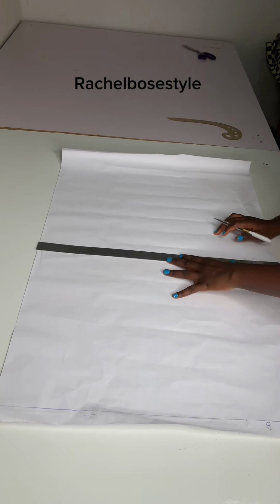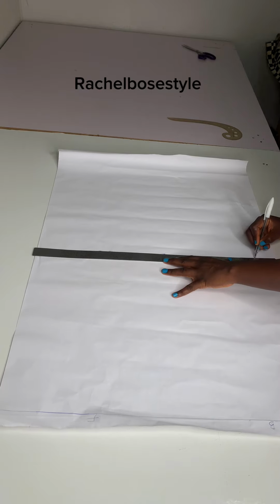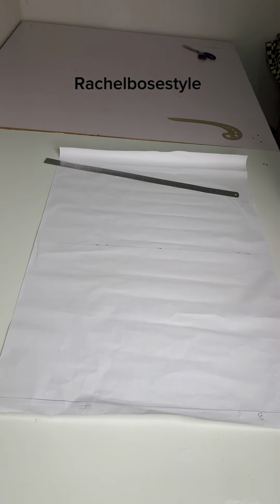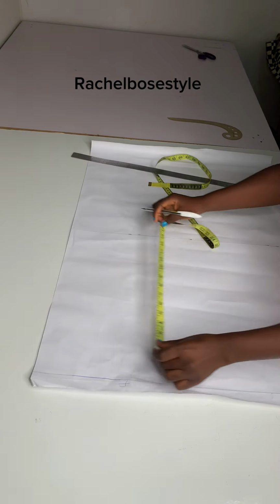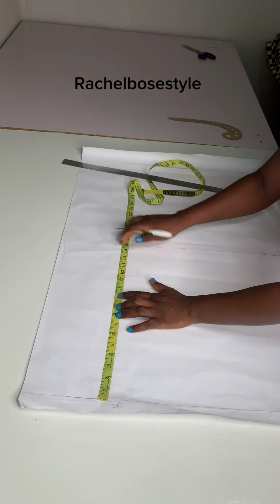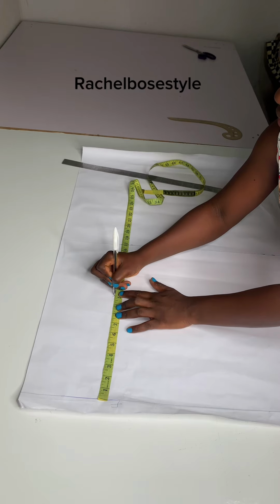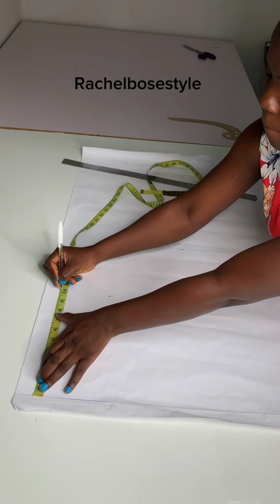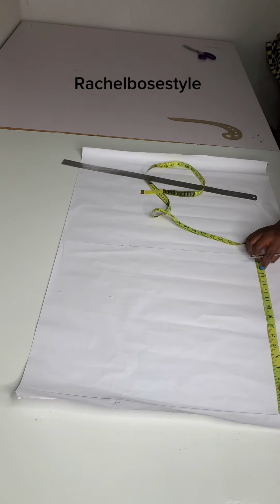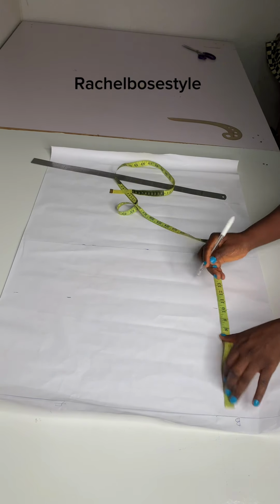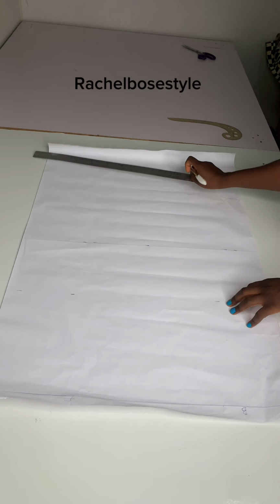I'm just doing this for the tutorial sake. Doing a straight line, then my bust points, which is also the bust level, is 10 inches. A straight line for that as well.